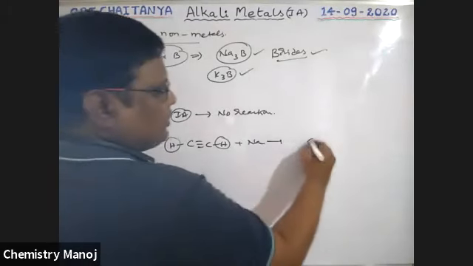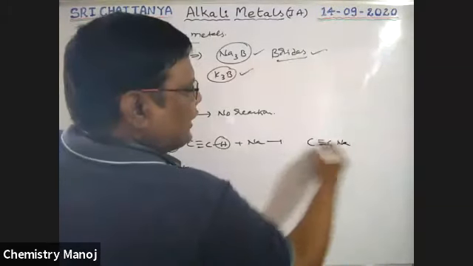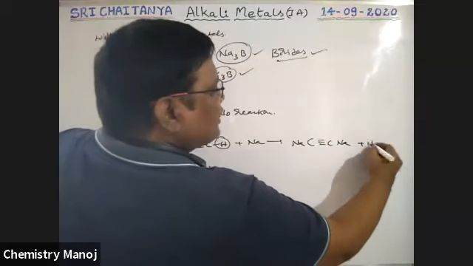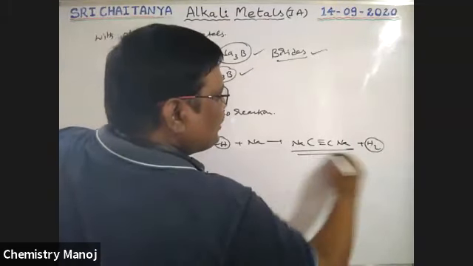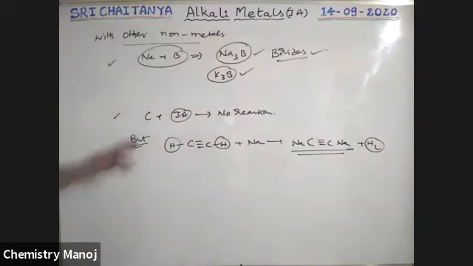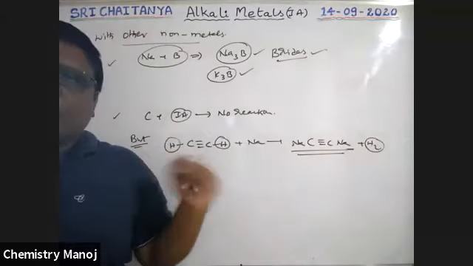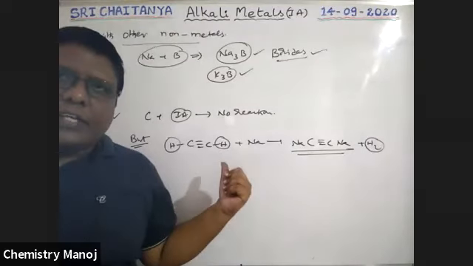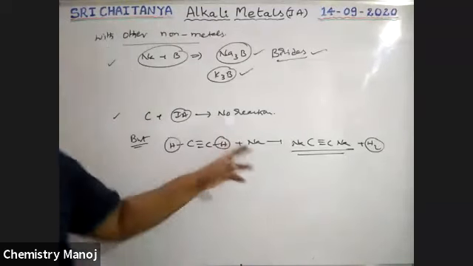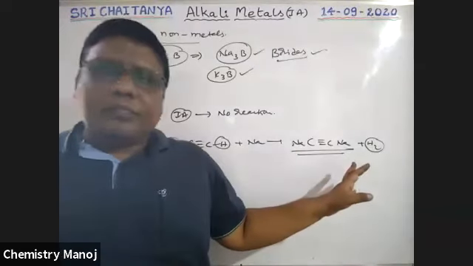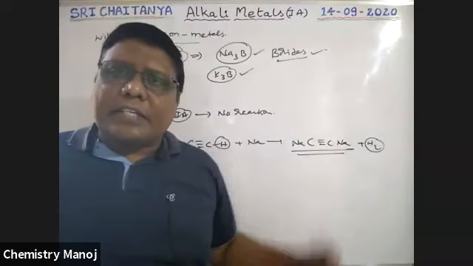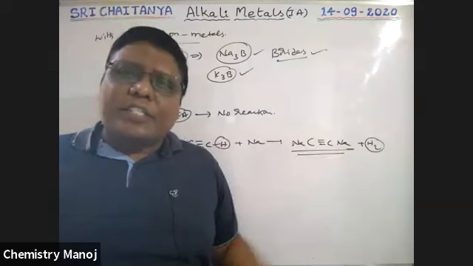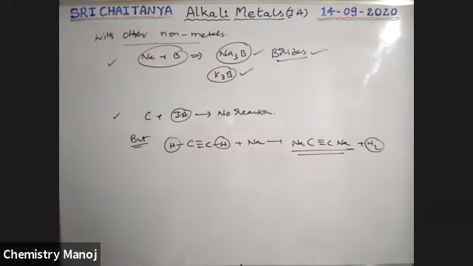That gives NaC triple bond CNa, and hydrogen gas is formed. It is sodium acetylide. So direct reaction of carbon with alkali metal is not possible, but hydrocarbons, in particular triple-bonded compounds like acetylene, react with sodium metal, giving hydrogen gas. Disodium acetylide is the product.